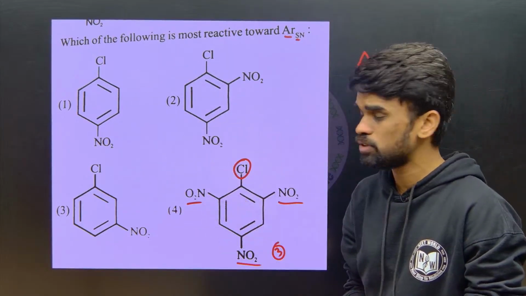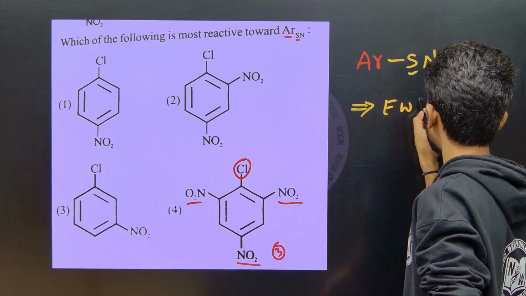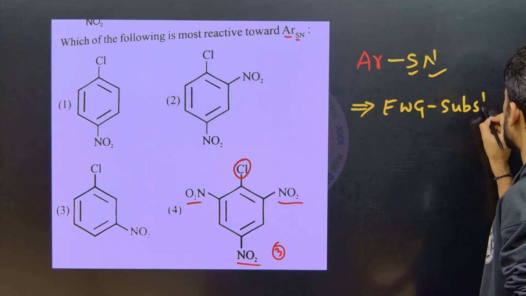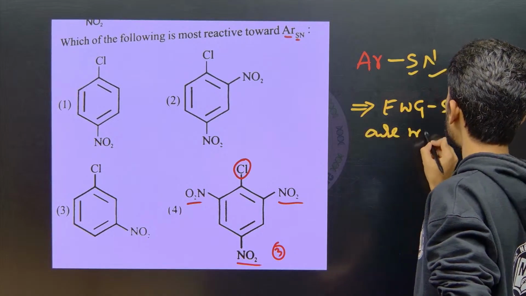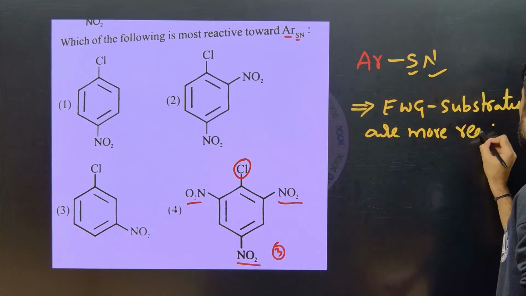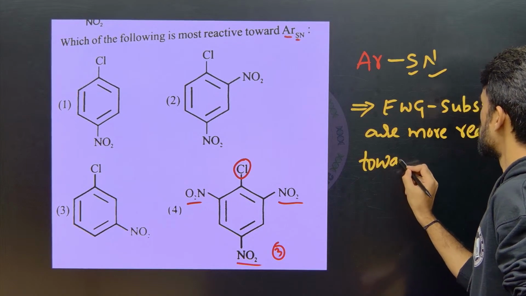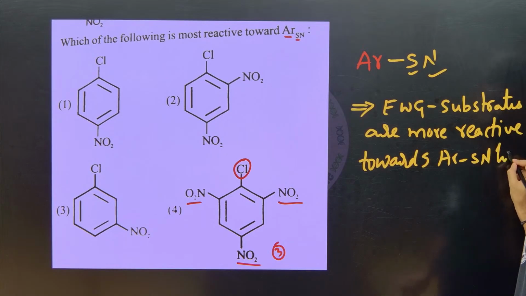So which is more reactive in this? I can write a statement: electron withdrawing group containing substrates are more reactive towards ARSN type reactions.